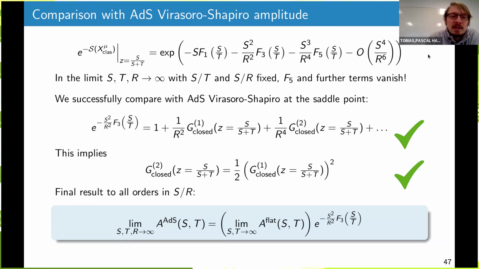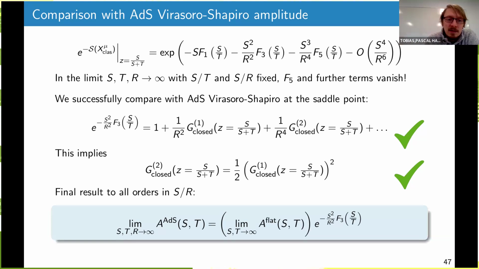And if we now take a limit where we take S, T, and R to infinity all at the same rate, we see that F5 and all further terms vanish. So in this limit, this classical solution gives something which is the F1 is the high energy limit for flat space, and we get this additional weight 3 exponential of something weight 3, which is the correction for AdS.